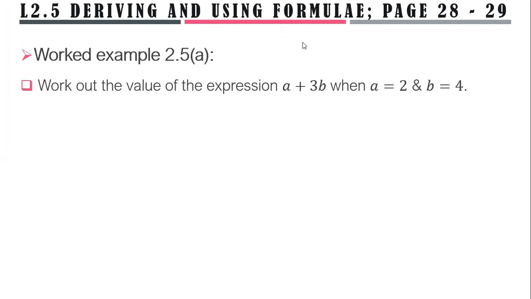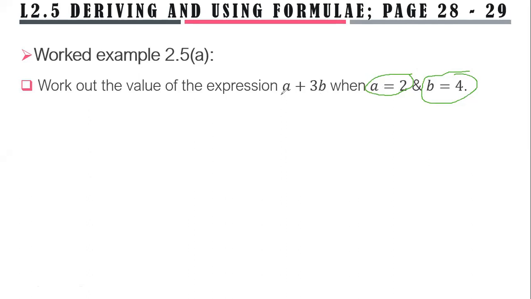They said, when A equals 2 and when B equals 4. So here, you need to look at that: they already gave you the value of A and they gave you the value of B. They didn't just say, find the value without giving you A and B.